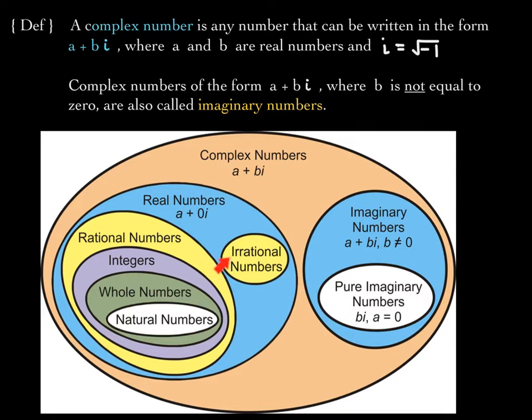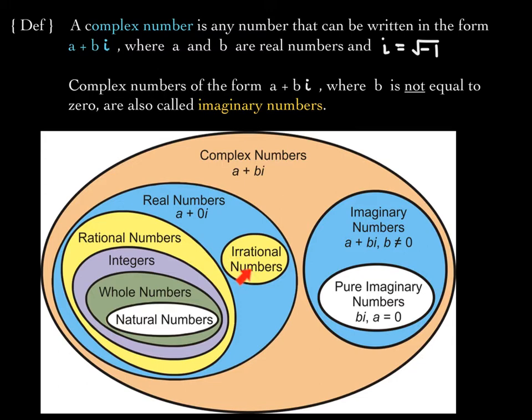Some popular irrational numbers are like pi. The number pi is an irrational number. The number e, which you and I will study later on in this course, is an irrational number. The square root of any number that's not a perfect square is an irrational number, like the square root of 5, the square root of 20, the square root of 8, the square root of 10, the square root of 7, and so forth are irrational numbers.